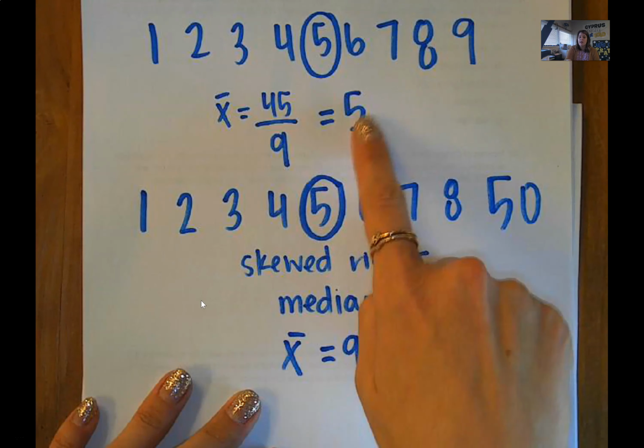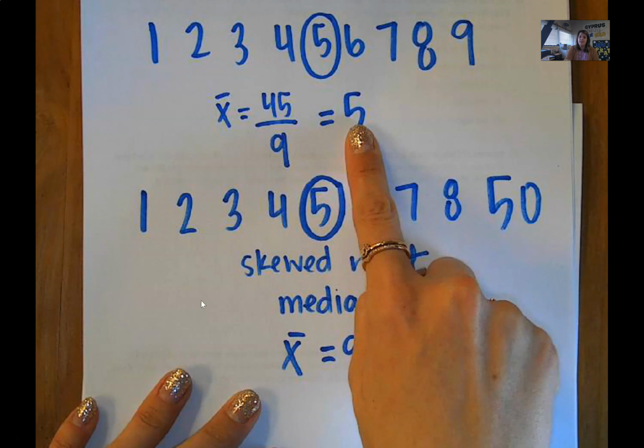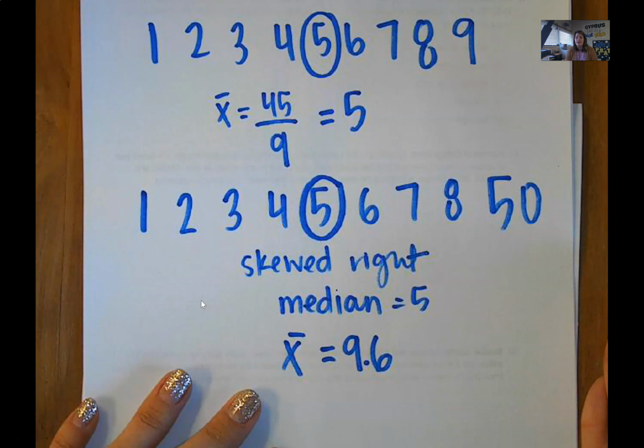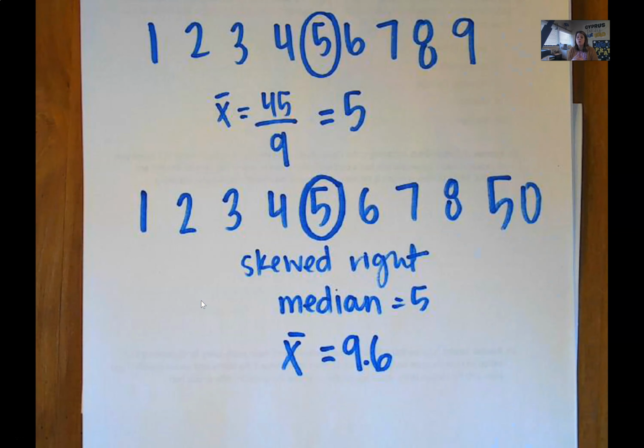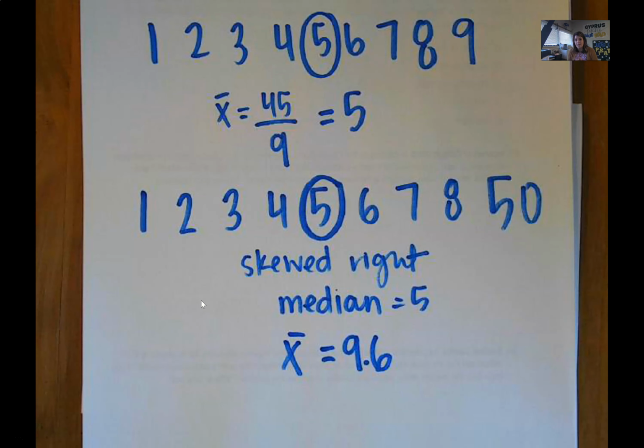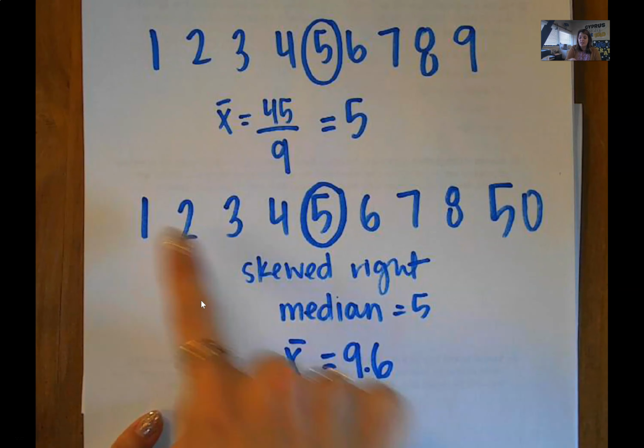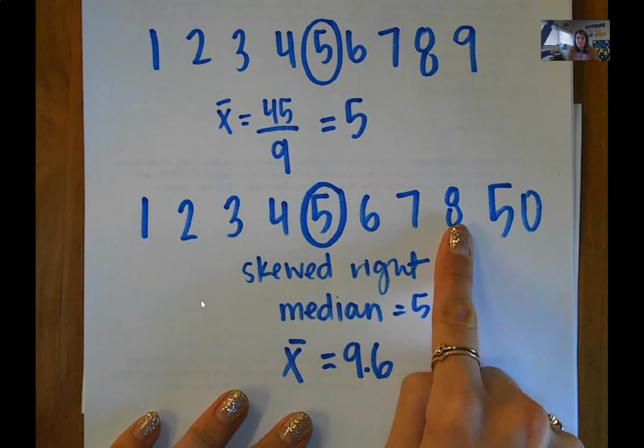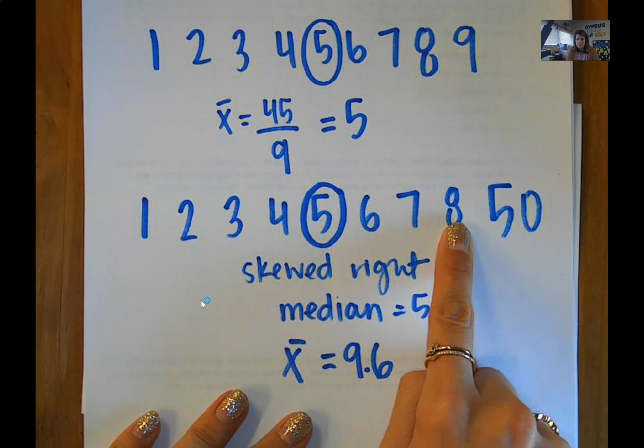That's what happened: we had 5 and now it's further right at almost 10. Number two, that does not represent our data very well, because just like here, most of our data is still around 5.